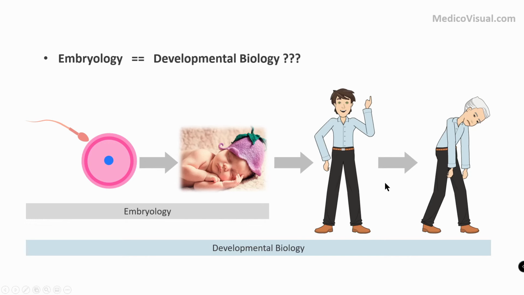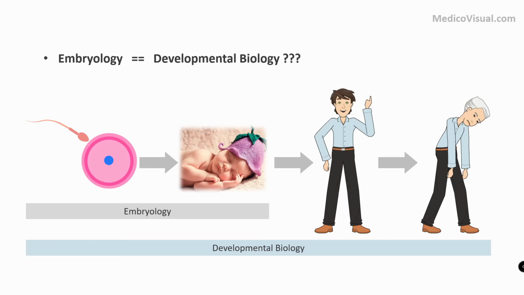We study the molecular biology of these steps, right? That is, how different genes work together to transform an organism from, let's say, a child to an adult, and so on, right? For example, the genetics of the aging process, the molecular biology of the aging process, and all these things.